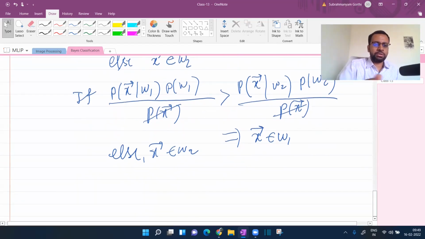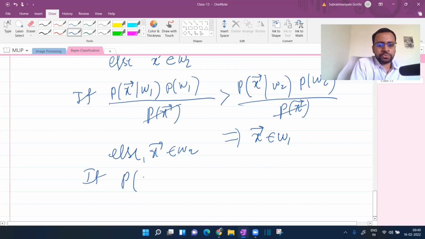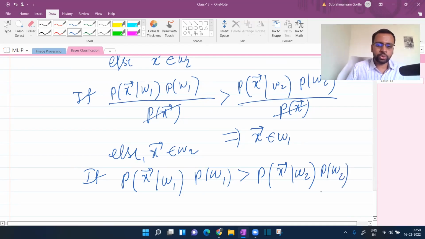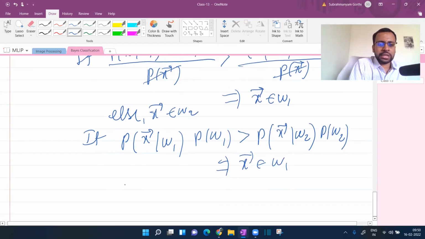So all I could say now is, if probability of x bar given omega 1 multiplied with the probability of omega 1 is greater than probability of x bar given omega 2 multiplied with probability of omega 2, then I would say x bar belongs to omega 1, else I would say x bar belongs to omega 2.